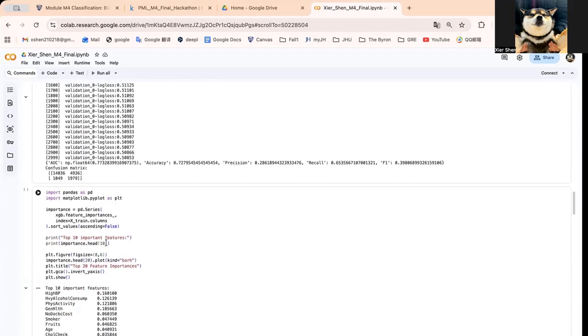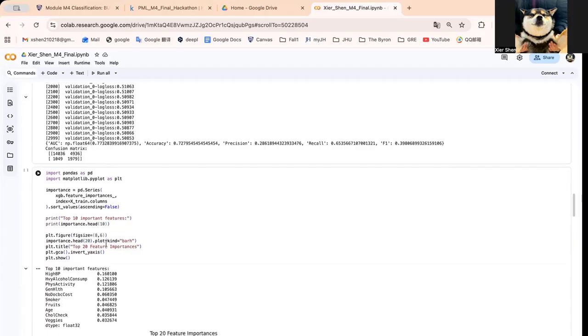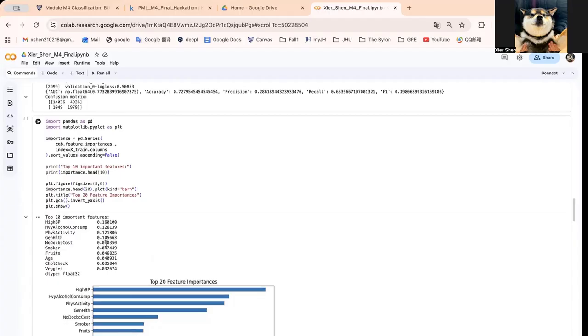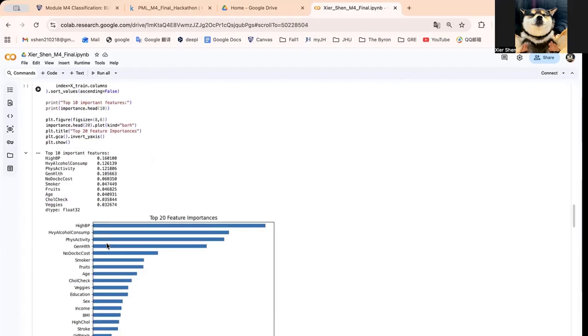Rather than relying on accuracy alone, I evaluated multiple metrics such as accuracy, AUC, precision, recall, and F1 score. The validation AUC is approximately 0.77, indicating reasonable separability.